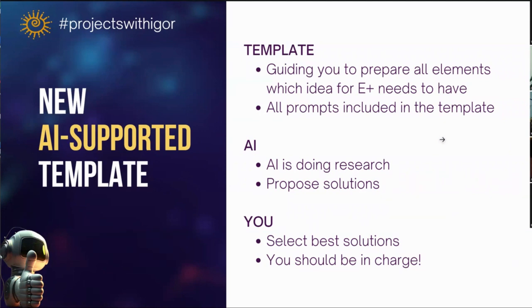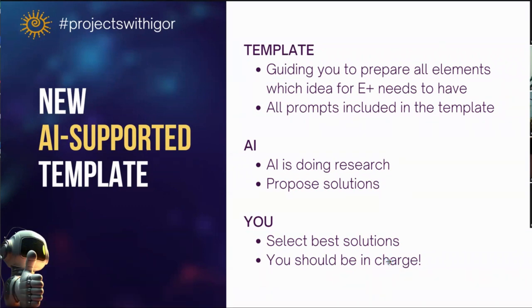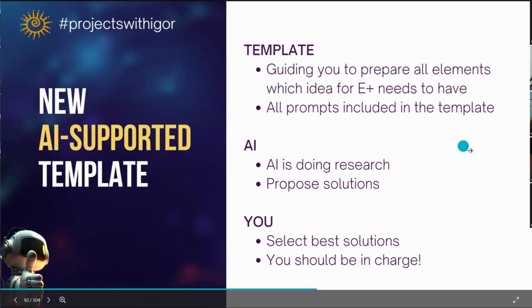So artificial intelligence will do the research and propose the solution. So you can just select what you need to do. So your job is to be in charge. This is very important. Without being in charge, you will just get something and you won't know what to do with it.